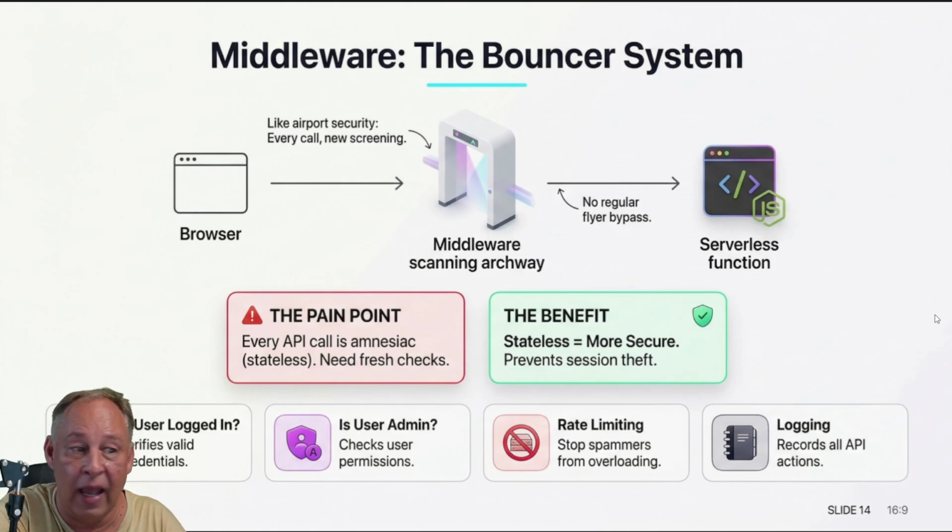Is this user an administrator? Your middleware will also work on rate limits: has this user tried to log in like 1,000 times in the last minute? And it will also log everything in the API call. So the middleware is the bouncer between your Node.js and whoever you try to connect to via API.